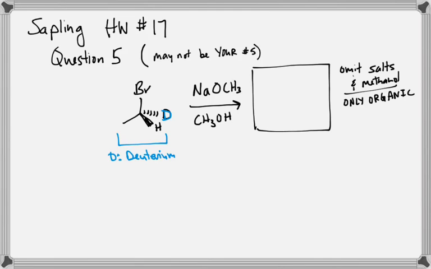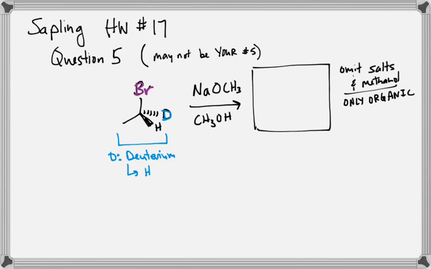So deuterium is equivalent to hydrogen, but it is by definition different than hydrogen because it has an extra neutron, which means we can have a stereocenter at that position. Okay? But what it won't change is whether that is primary, secondary, or tertiary. So to determine that, I believe our leaving group I've been showing in purple.